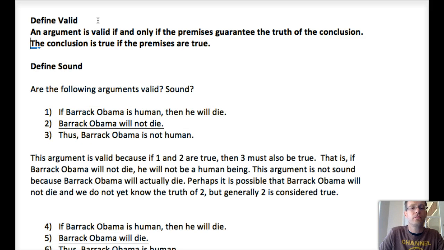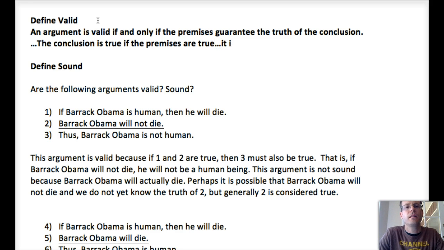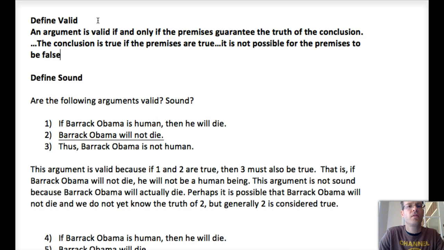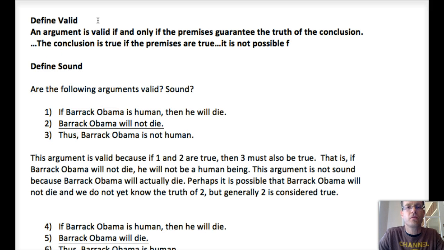Another way to put it would be that it is not possible for the premises to be true and the conclusion false, but that's a little convoluted. We'll just leave it at two. I'm not going to torture you.